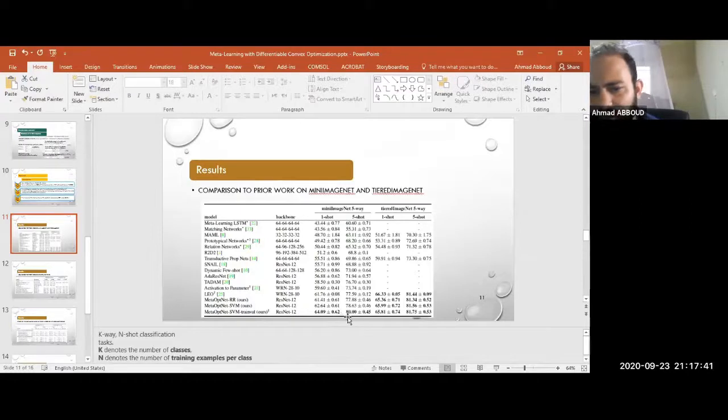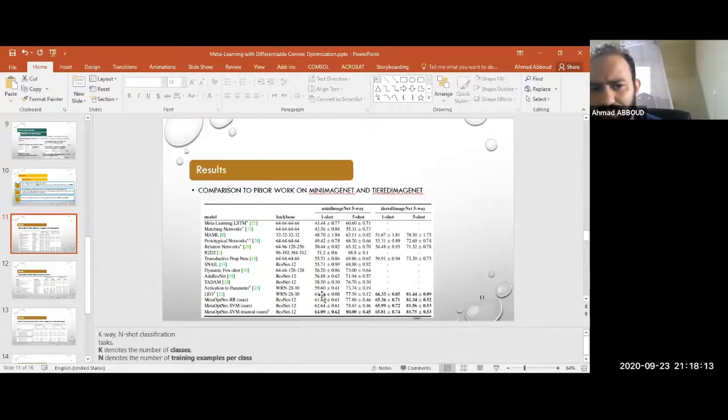On 5 shots, they reach 80%, which is better than all the models when they use SVM trained on the validation set. On tieredImageNet, they obtain 65 with SVM head, 66 with RR head. When you go to 5 shots, you can see that the best result is when they use the MetaOptNet with SVM head. So this is a comparison.